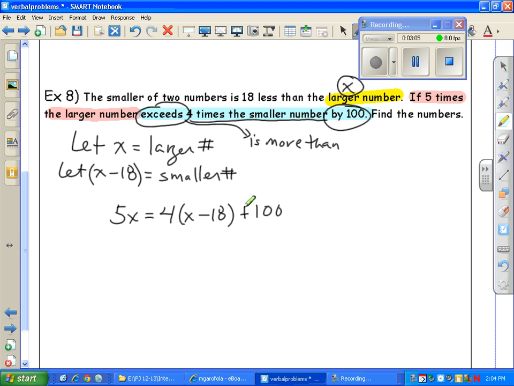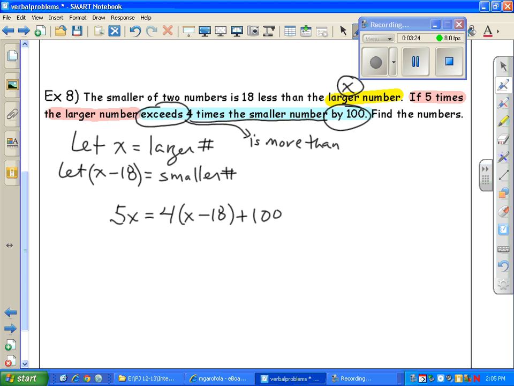But remember, let me just erase that. Right now, this part exceeds this part by 100. So we'd have to add 100 to make them be equal to one another. So that's what they kind of mean by exceed.